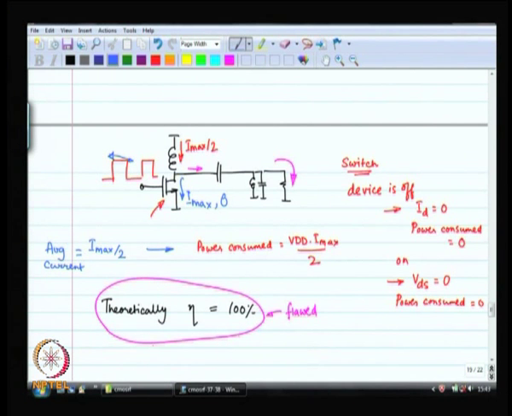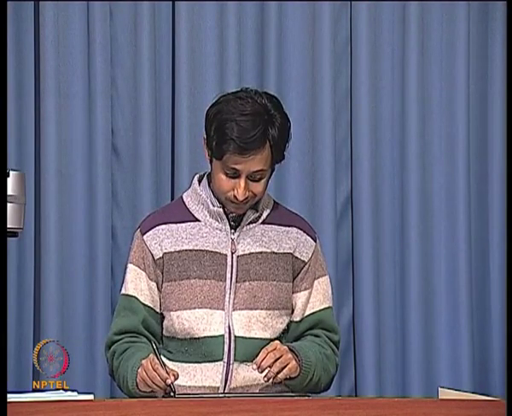What I am suggesting is that by changing the width of this pulse, you can achieve whatever signal you want, and basically your filter at the output is going to make sure that you just have a narrow band of frequencies around your center frequency. So, the class D amplifier is almost synonymous with pulse width modulated amplifier.